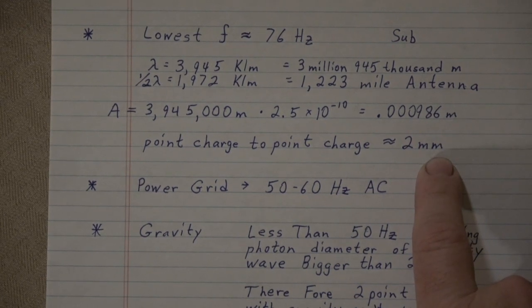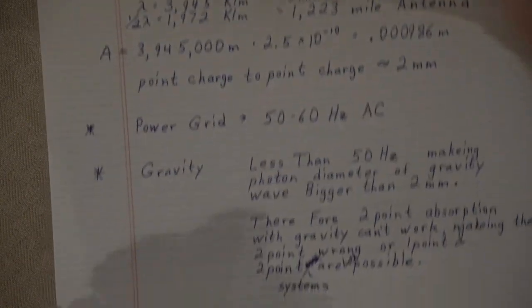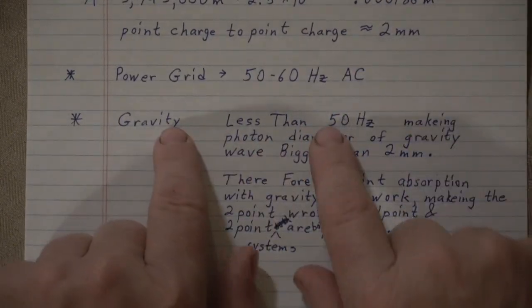And 2 millimeters is bigger than an atom, so for both those charge points to be absorbed, this thing pretty much fails for gravity to be smaller than that, or gravity to have a bigger wavelength than that, smaller frequency and bigger wavelength.